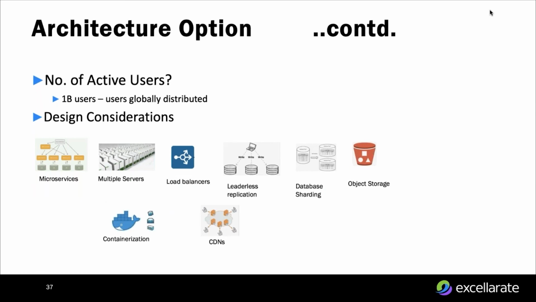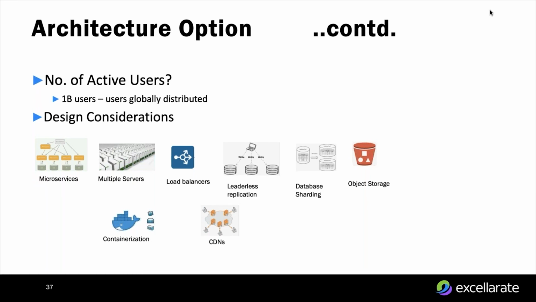Now the third option is, say, this is going to be 1 billion users, globally distributed. In that case, I would say the architecture should be designed like microservices, a very good architecture. We'll continue to have multiple servers. We need more application servers, database servers, and load balancers in front of them.